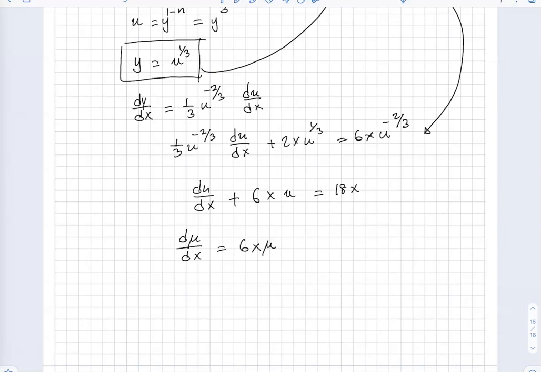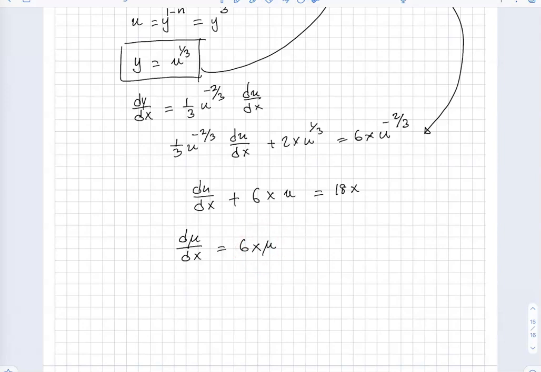So to find the integrating factor, you look for a first order differential equation for the integrating factor, meaning that you look for an equation d mu/dx equals something, and that something is coming from the second term of the left hand side, which is 6x u. But now instead of u, you just replace u with mu, 6x mu.